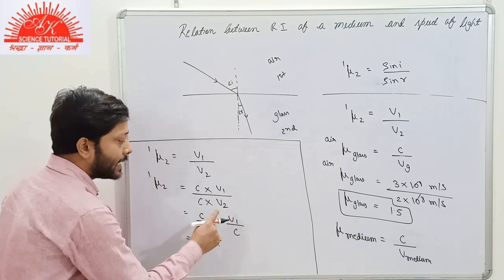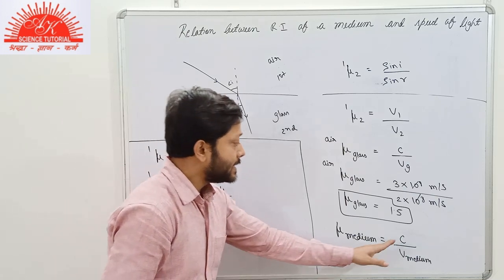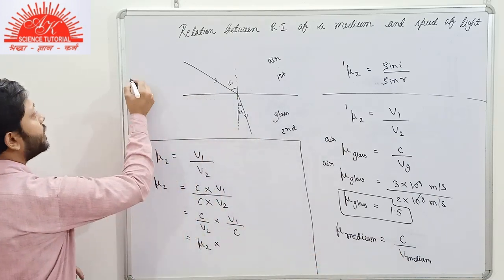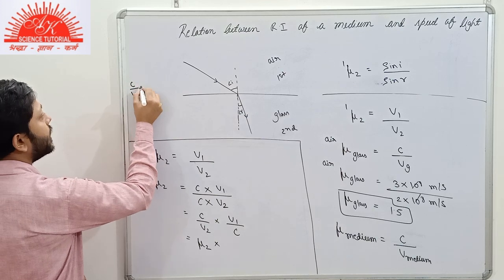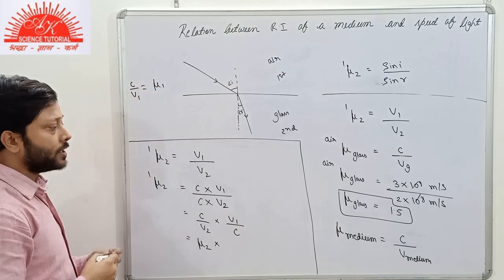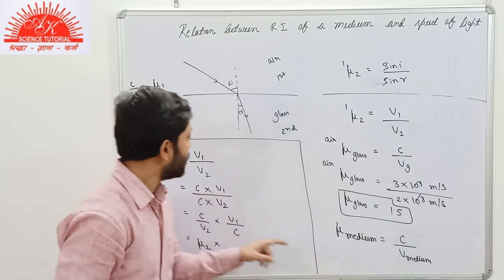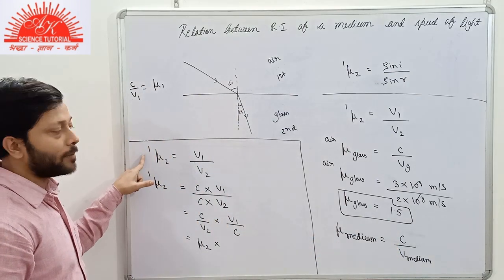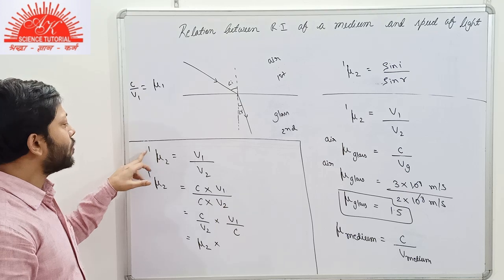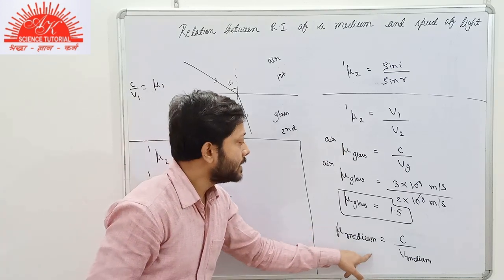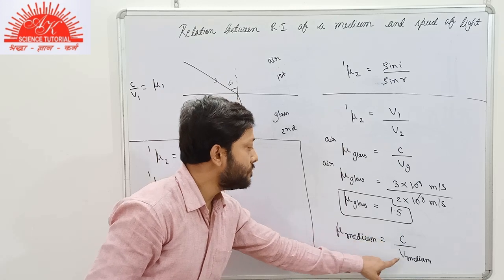If C by V1, it will be written as mu1. I'll write it here: C by V1 can be written as mu1. It's very simple. Here, 1 is the name of the medium. It can be water, glass, anything. So mu1 is defined as C by V1.